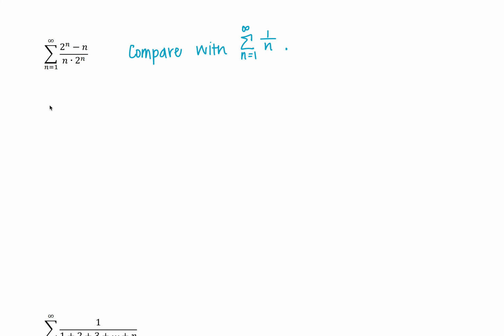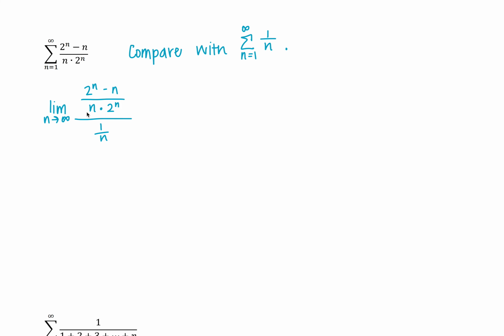So let me look at the limit as n approaches infinity of (2^n - n) over (n times 2^n), over 1 over n. I'm not going to take the time to rewrite it, but you could rewrite it as a multiplication.